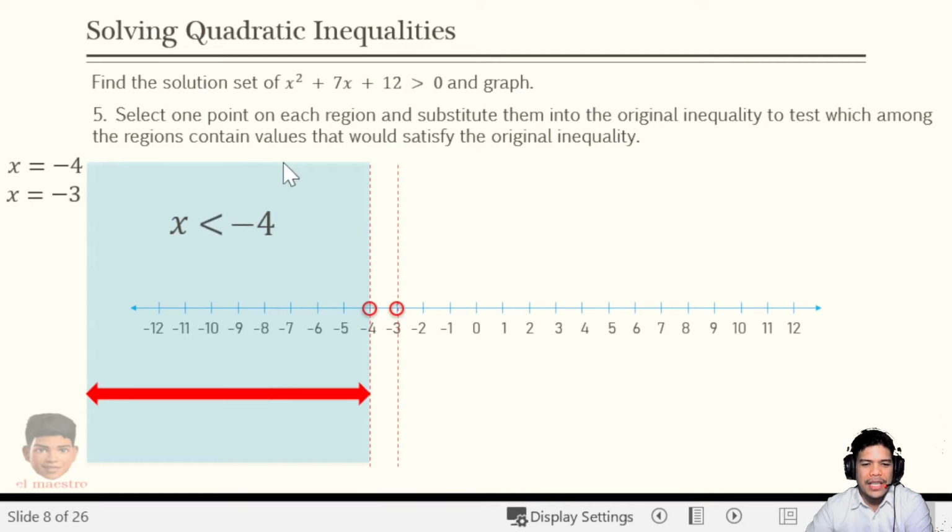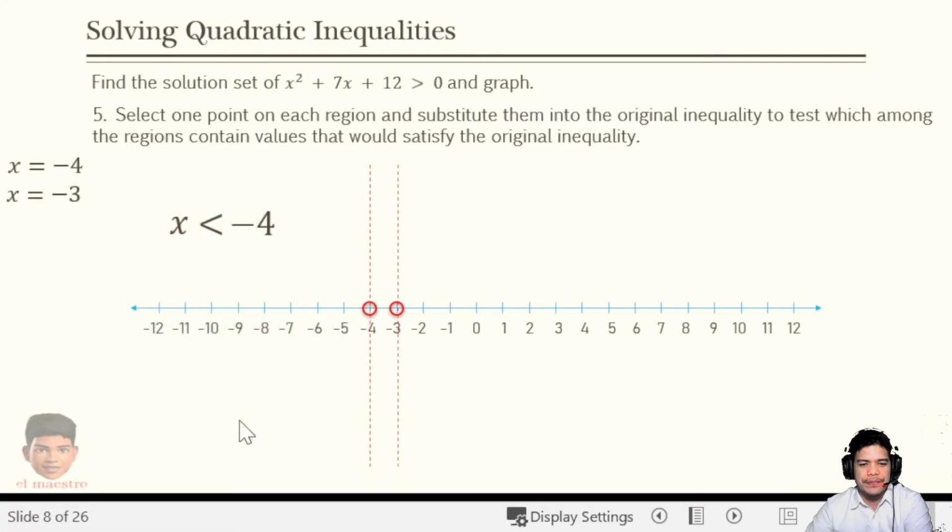So this region is x is less than negative 4. Nakuha nyo? Kasi, lahat ng value na nandito, sakop ng region na to is negative 5, negative 6, negative 7. Meaning, lahat ng ito ay mas maliit kaysa negative 4. Nakuha nyo? Okay. So, next.